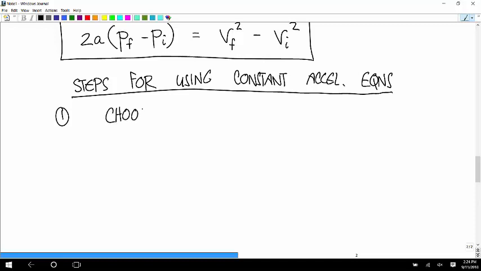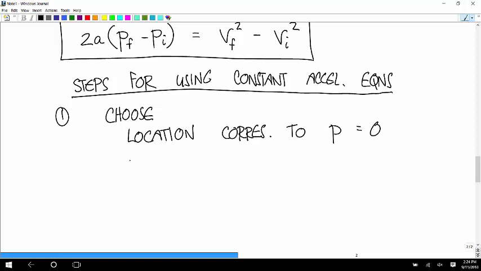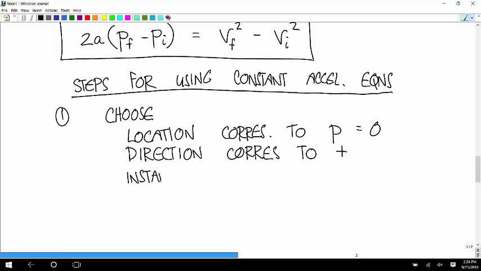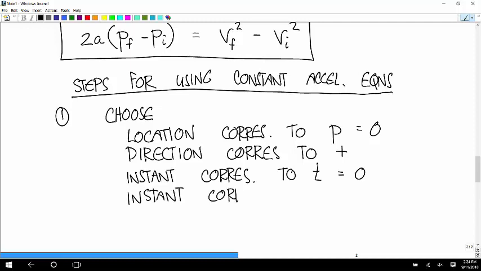But we have to choose a location corresponding to position equals 0, a direction corresponding to positive, an instant corresponding to time equals 0, and an instant corresponding to time final.